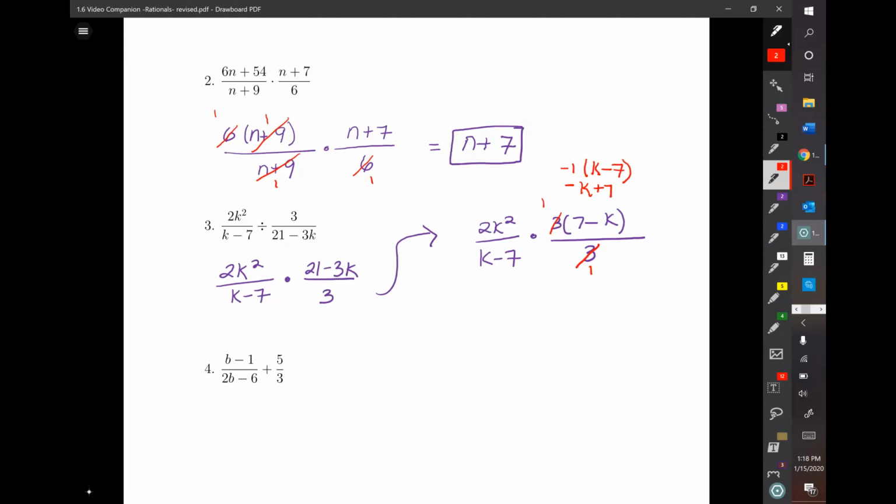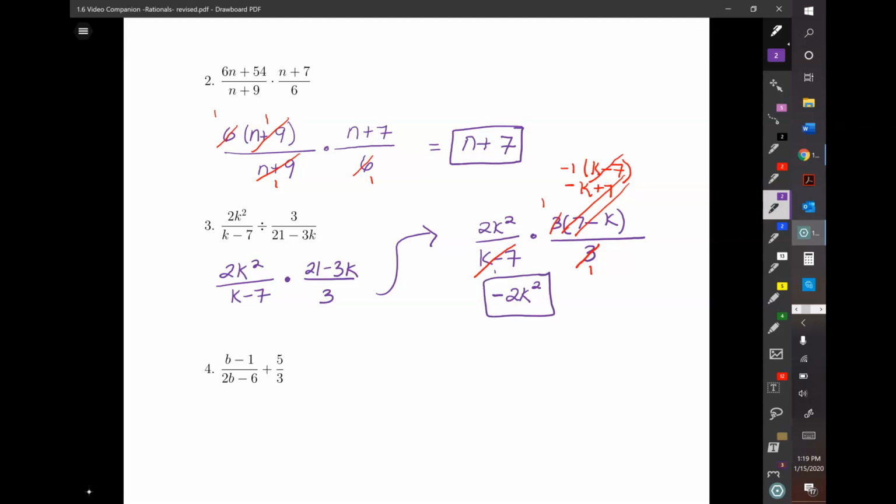So now I can actually reduce that k - 7 in the numerator with the k - 7 in the denominator. But don't forget that negative 1. So when I rewrite this, I now have negative 1 times the 2k squared, giving me -2k squared. And I don't have anything left in the denominator, so I just leave it as that.